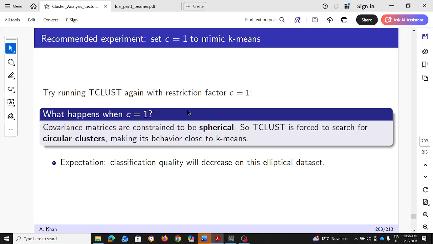So if C is equal to 1 in T clustering, it behaves the same way as k-means.